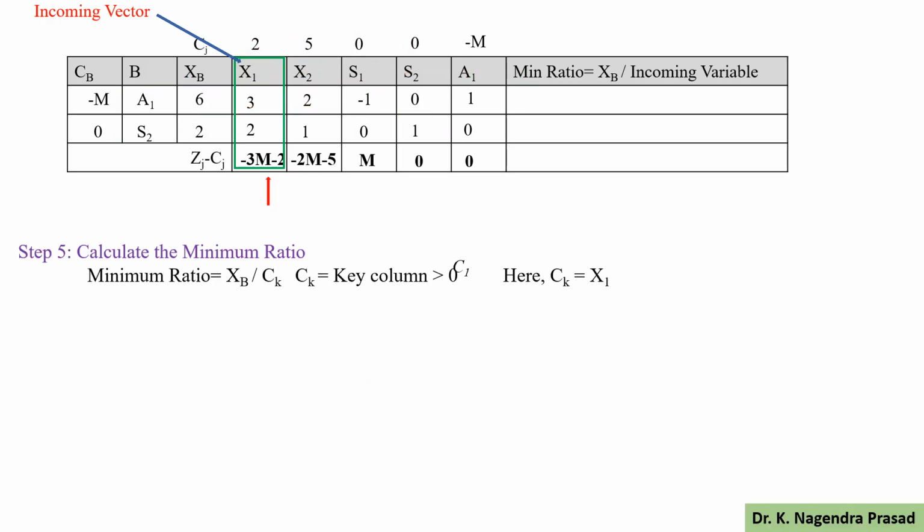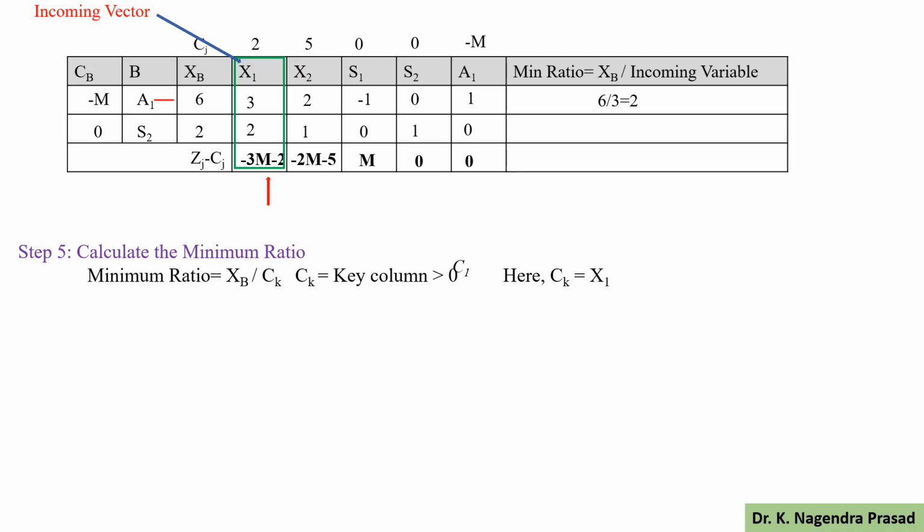Next step is to calculate the minimum ratio of XB to the coefficient in the key column or incoming variable, that is XB divided by Ck, and the Ck value should be greater than 0. Here the Ck values are the x1 variable coefficients. So first we calculate XB divided by Ck for the first row, that is the A1 row.